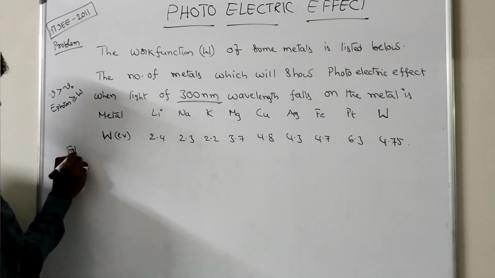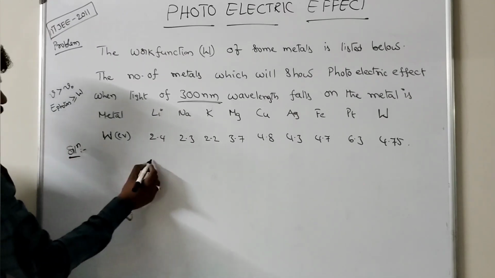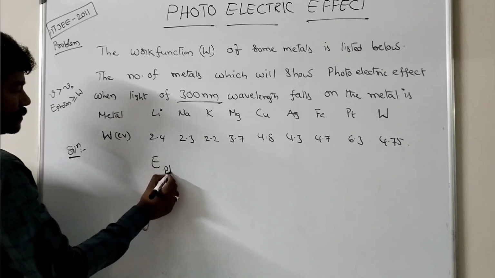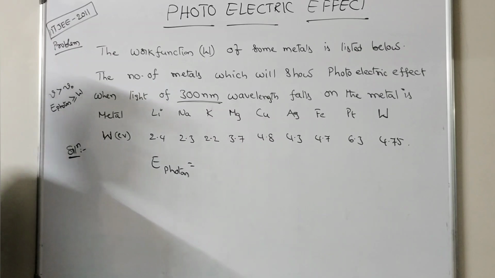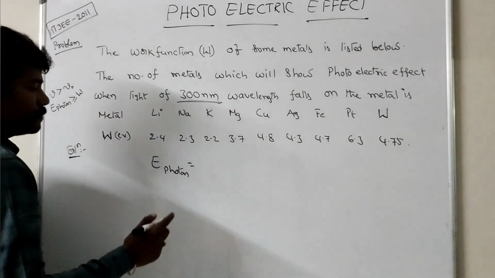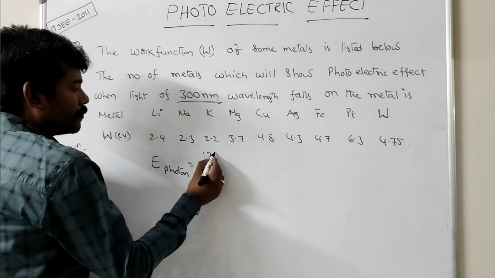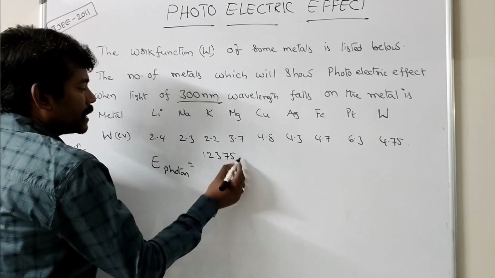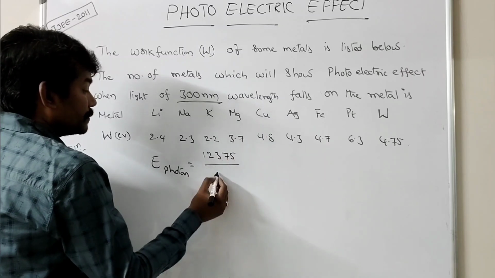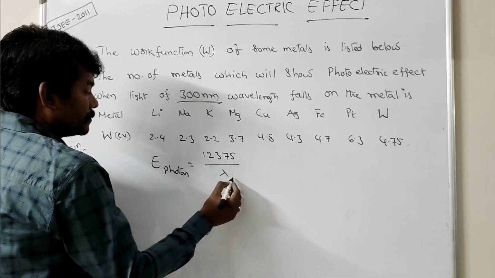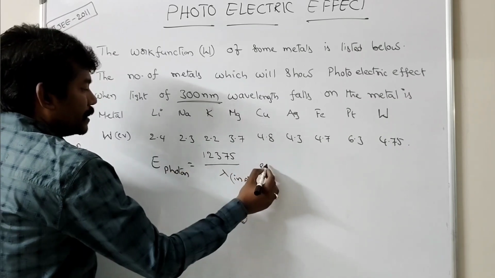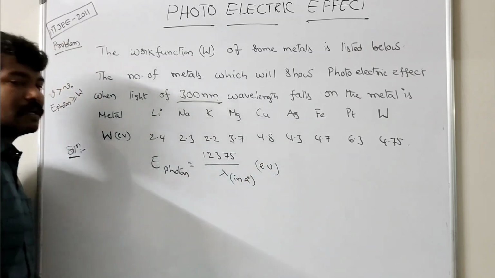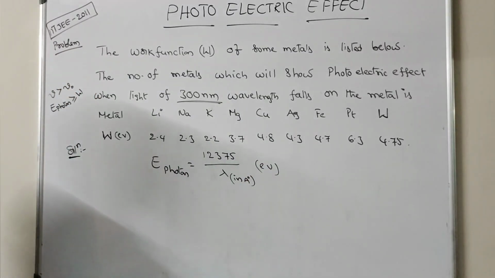So first we have to calculate the energy of a photon, already discussed in Planck's quantum theory, which is 12375 divided by lambda in angstrom units, giving the energy of the photon in electron volts.